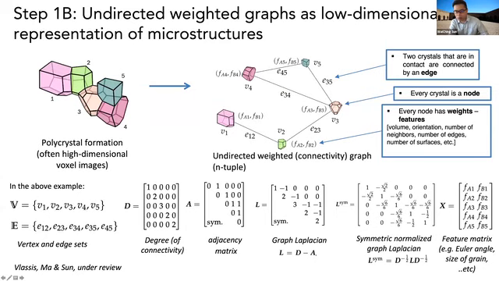The input for the convolutional neural network is a symmetric normalized graph Laplacian and the feature matrix. And what we actually need to compute is the degree matrix, which indicates for given locations how many neighbors that graph has. So here, graph 1 has exactly 1 neighbor, graph 2 has 2 neighbors, and graph 3 has 3 neighbors, etc.